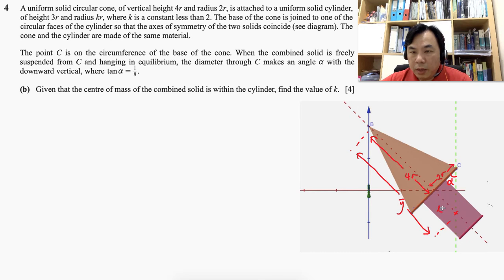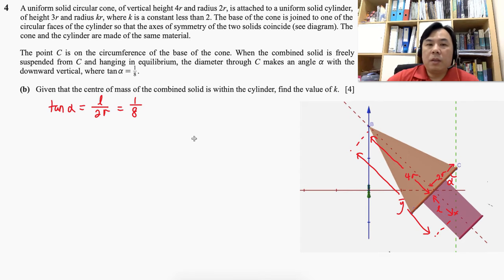So we need this length here, which can be obtained using y bar minus 4r. Based on this geometry, tangent alpha is given by L over 2r, which is the same as 1 over 8. L is given by y bar minus 4r.